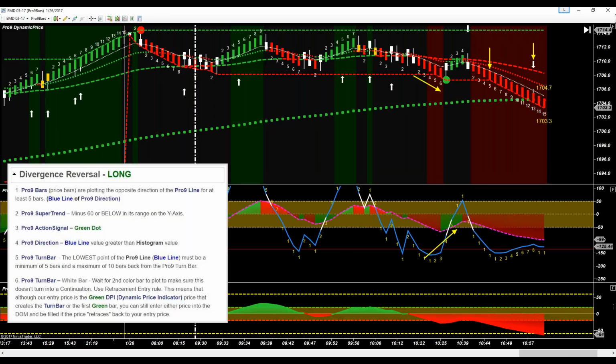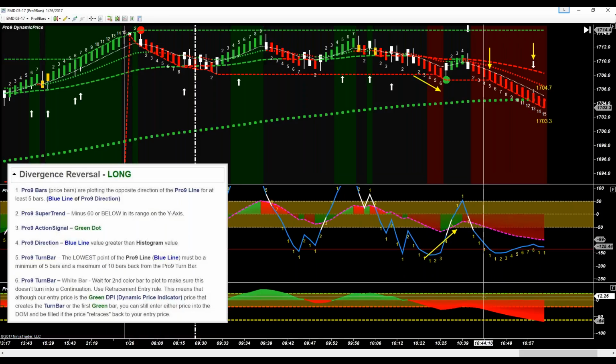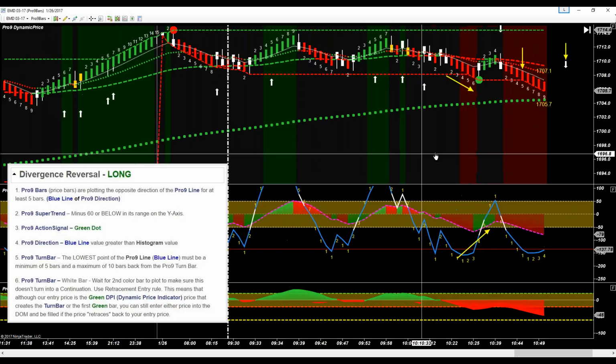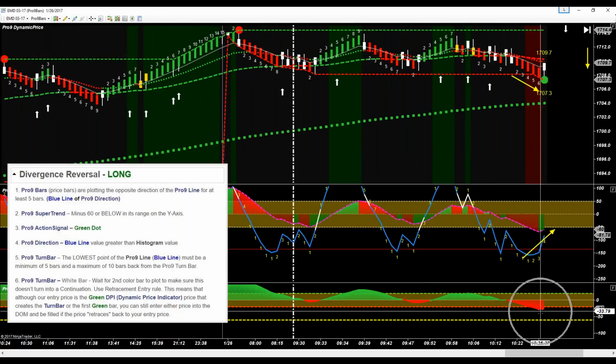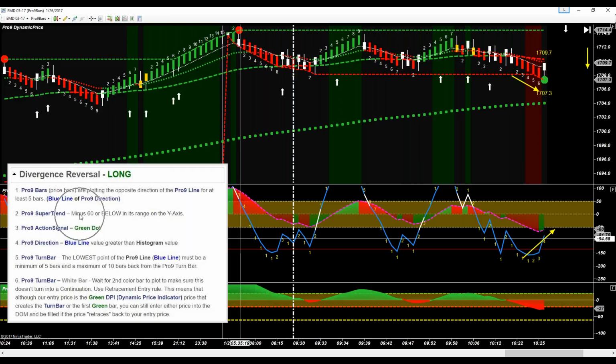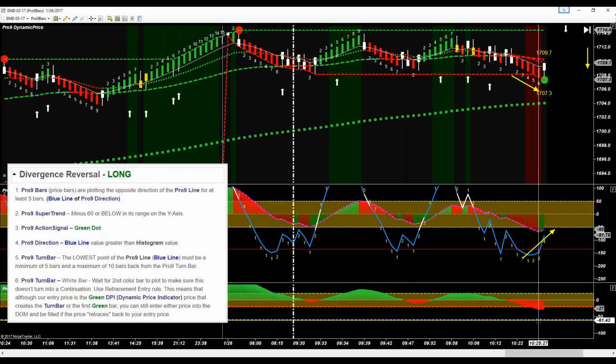The next thing I check, which lets me know if I should continue looking for a divergence reversal, is my super trend. If I look at rule 2, my super trend needs to be at minus 60 or below for a divergence reversal long, or outside of its extreme zone, this yellow area here. So at this point, it's not. So when I see this, I'm not really going to keep a closer eye on it.